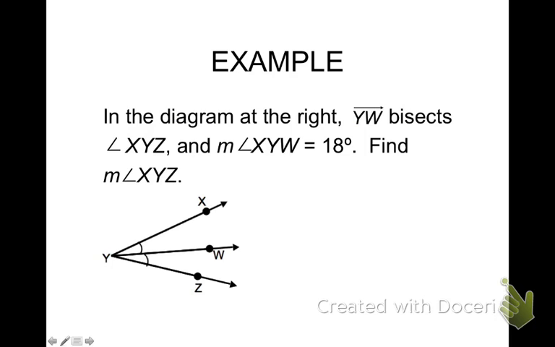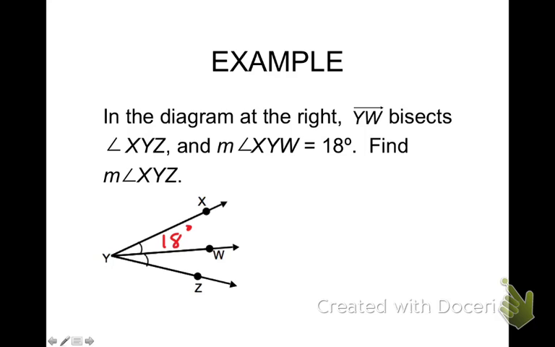Alright, so last example on the bottom here. It tells us that in the diagram, ray YW bisects angle XYZ. The measure of angle XYW is 18 degrees. So let's label that top angle as 18 degrees.